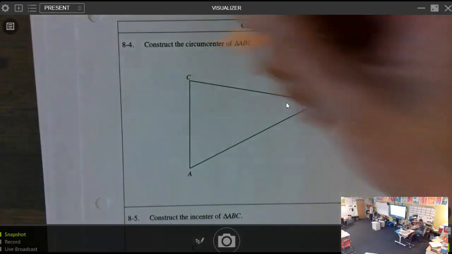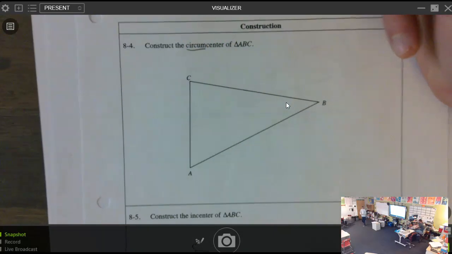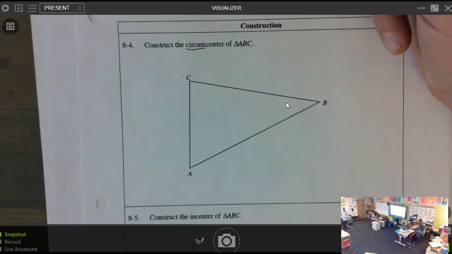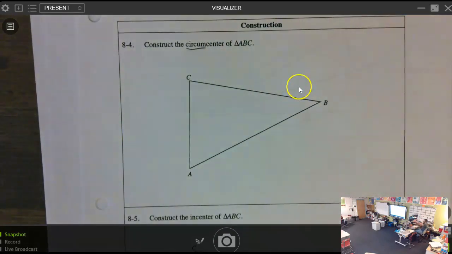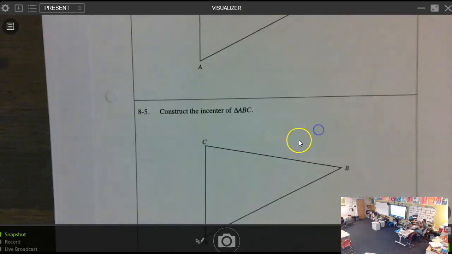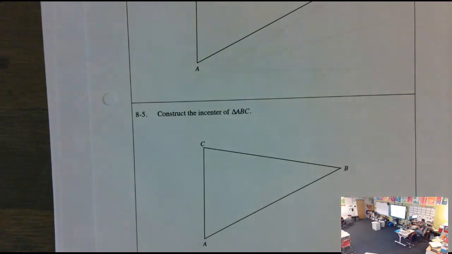What does circum mean? It's the center of the circle. Okay, so then you find the midpoint. What does circum actually mean? Around. And the incenter is in the center.